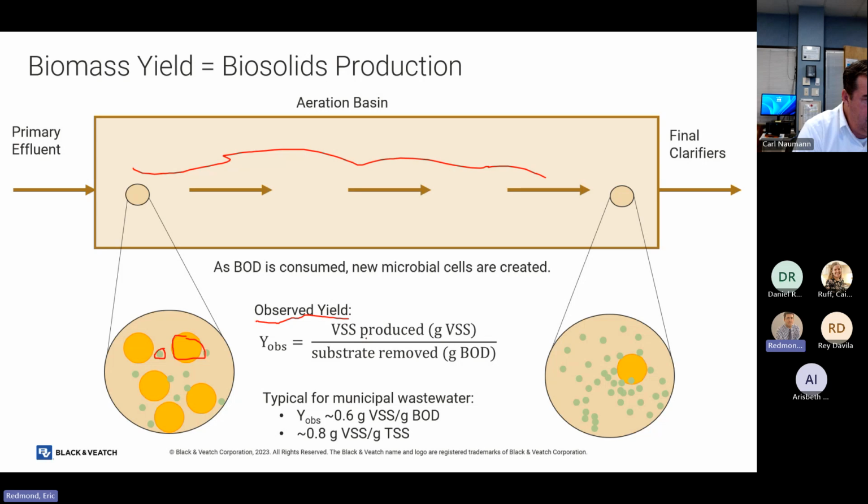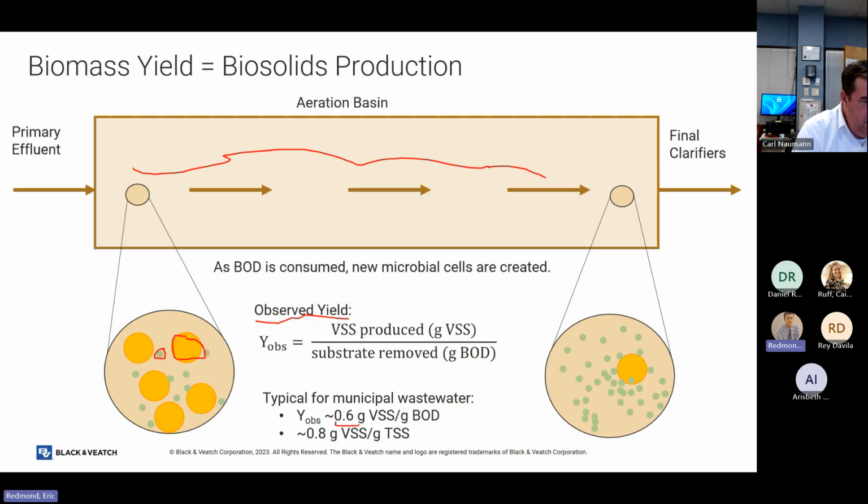So this is where we get into our yield equation, which lets you calculate your pounds of VSS produced per day based on how many pounds you're feeding it per day. And the typical yield of a system like that is around 0.6. Now each system will see higher or lower depending on whether you have primary treatment or the type of BOD you have coming in. But generally that 0.6 is usually a rough average.